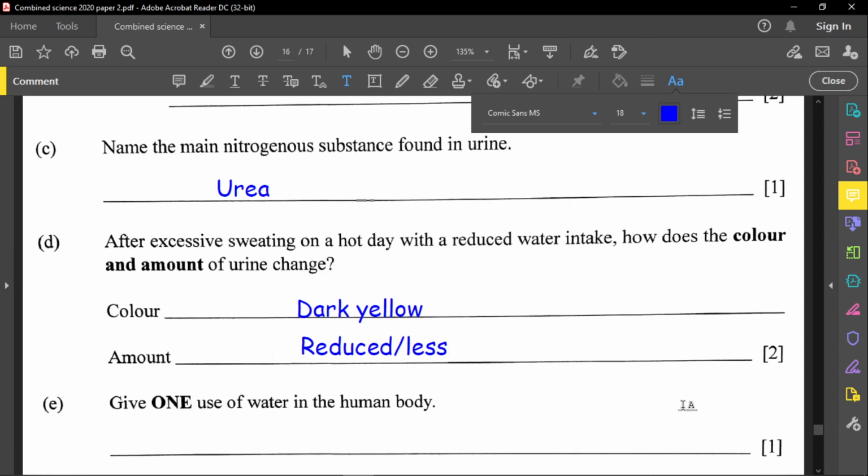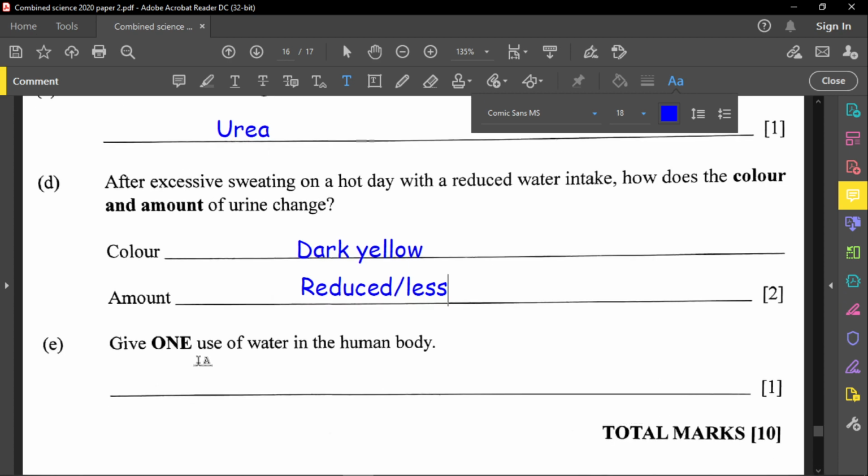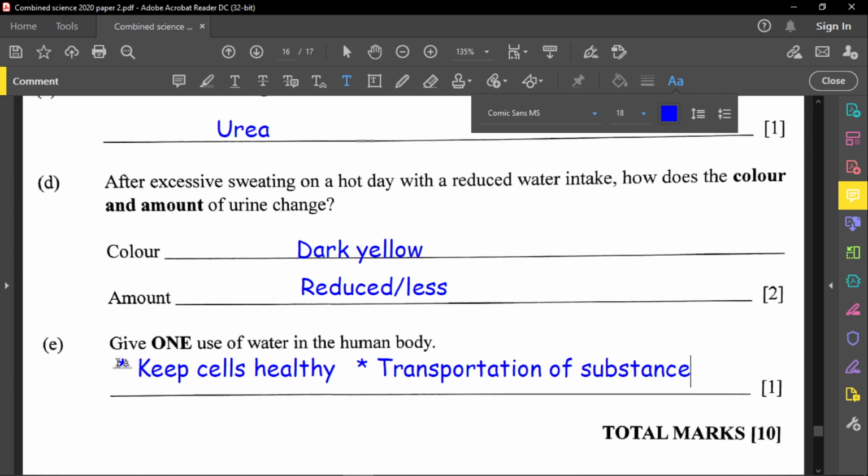Give one use of water in the human body. Water is used for a number of different things, so let's name them. It keeps the cells healthy. Another is that it helps transport substances, very important, because it keeps the blood fluid, with low viscosity, so the blood will flow easily.